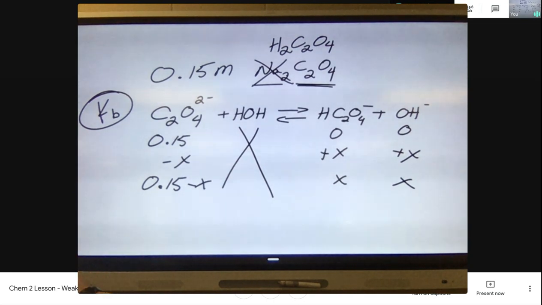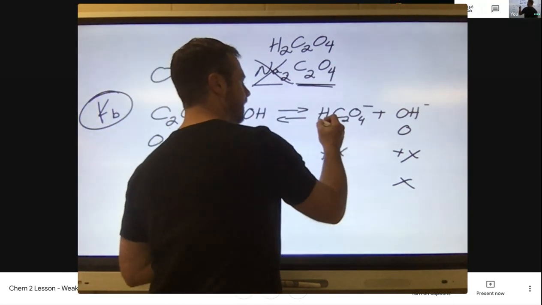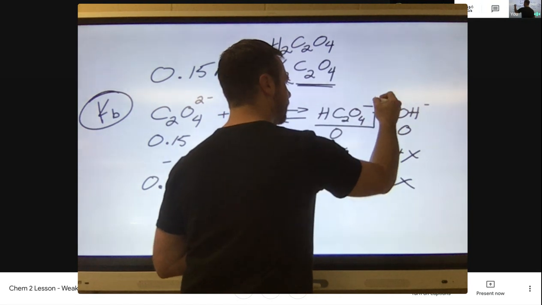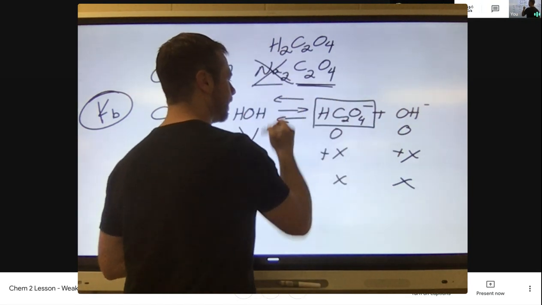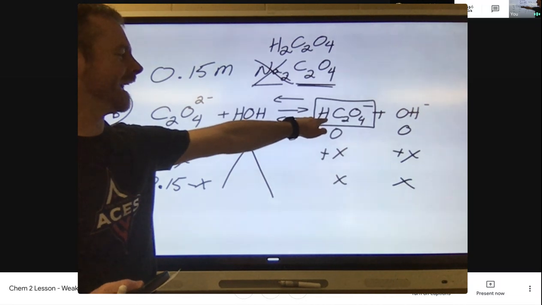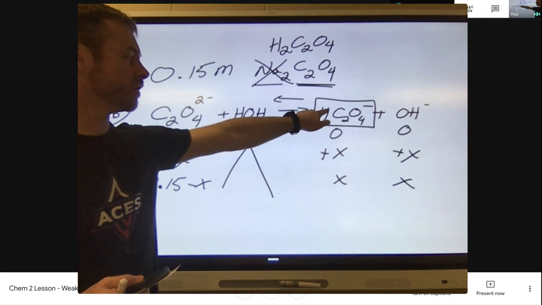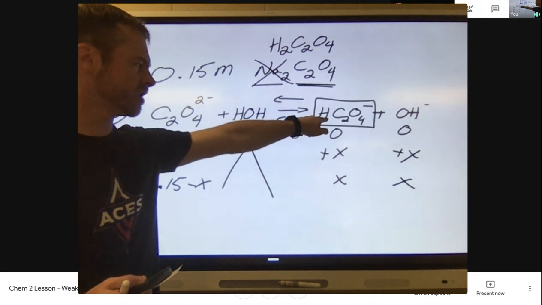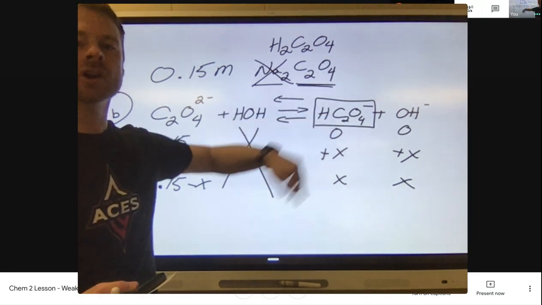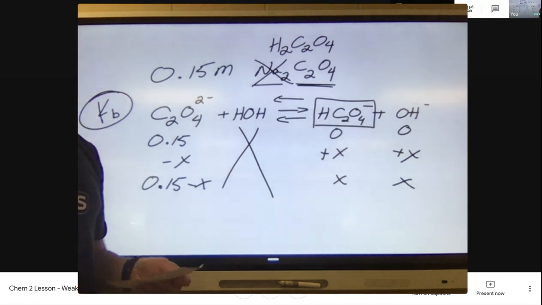Another way you could figure this out, my professor taught it this way, and I thought it was kind of confusing: when you do your reaction and look at this guy in that reaction, this would be the reaction for Ka2, because Ka1 should have two hydrogens, so Ka2 would only have one hydrogen. So the thing that we're going to use to find Kb is Ka2.